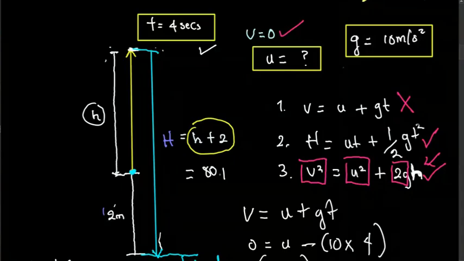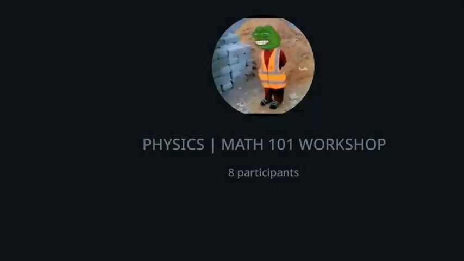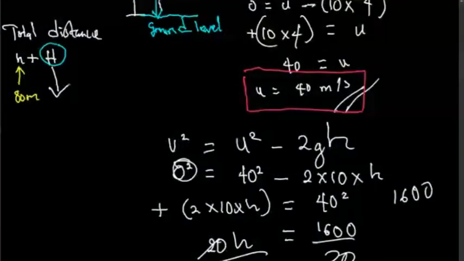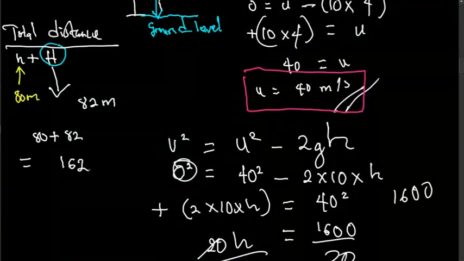So H is 82 meters. Now the total distance is going to be what? 80 plus 82. So the total distance covered is 162 meters. That's the total distance moved by the bullet.